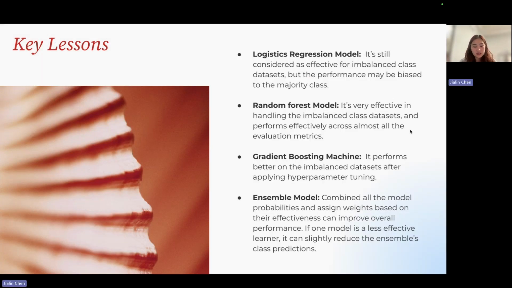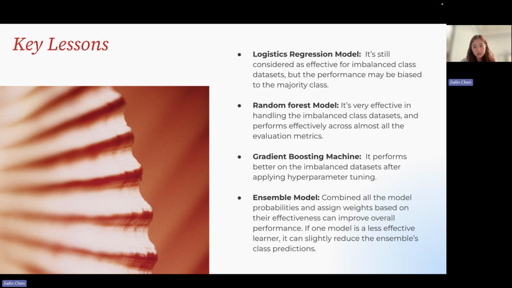For the key lessons I learned from this project, after building all three models and the ensemble model, I learned that the logistic model can handle imbalanced datasets, but the predictions tend to be biased toward the majority class. At the same time, the random forest model is very effective at handling imbalanced datasets and performs well across almost all the performance metrics.